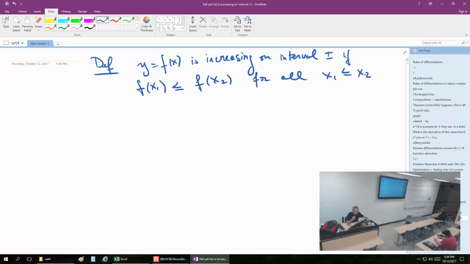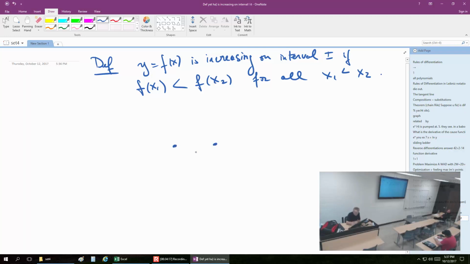Let me drop this one. Like this. So the strict inequalities are what I have in mind. So if the inputs are moving from smaller to larger, then so are the outputs. It is very easy to visualize.